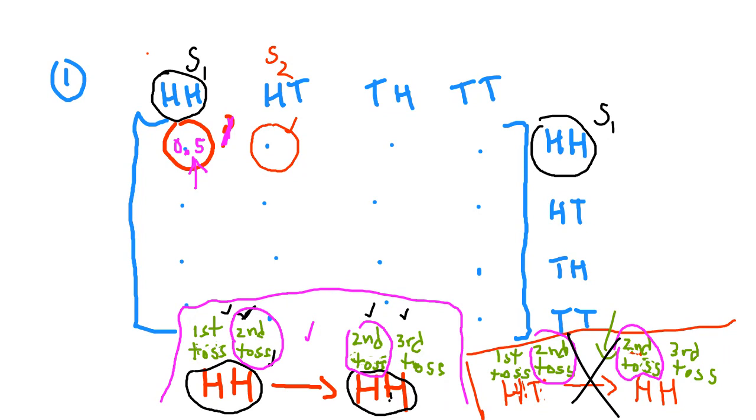And so what would the probability be in this spot here? If a transition can occur from one state to another state, what's the probability that the transition would happen?